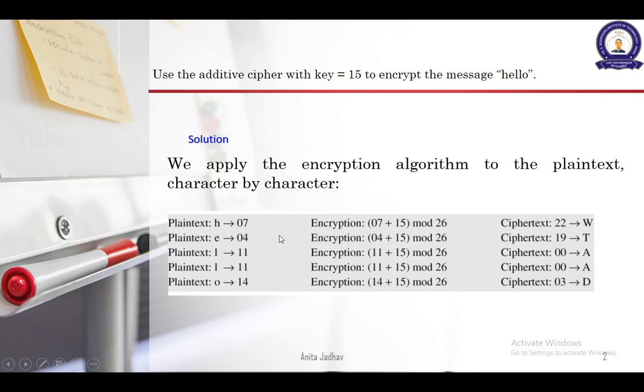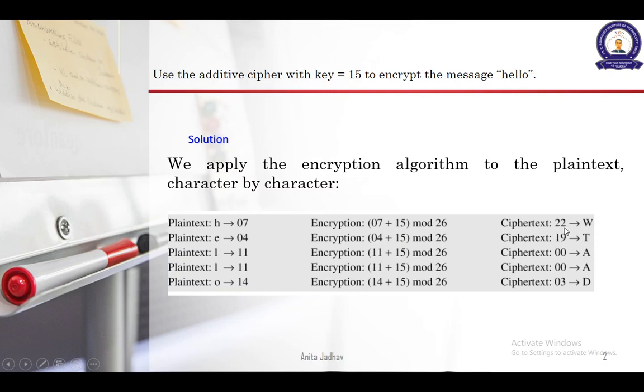These things are very small, but you have to write them in this manner only. So for encryption, I'll take plain text plus key mod 26. Remember, mod 26 says that whatever I write equal to, that number should always be less than 26. Mod 26 consists of a set of 0 to 25. So I write 7 plus 15, that comes to 22.